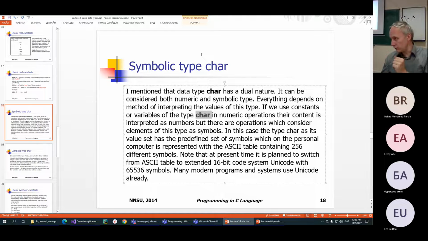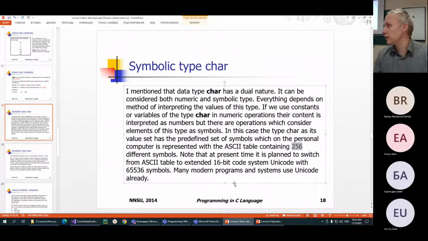Integer number, the code of the symbol, and when we apply arithmetic operations, these operations will be performed with the code. And if we apply input-output operations, these operations will be performed with the symbols. The usual table contains 256 different symbols.